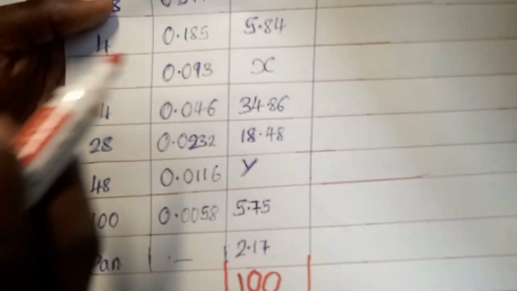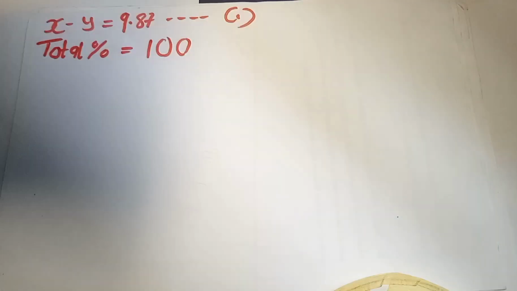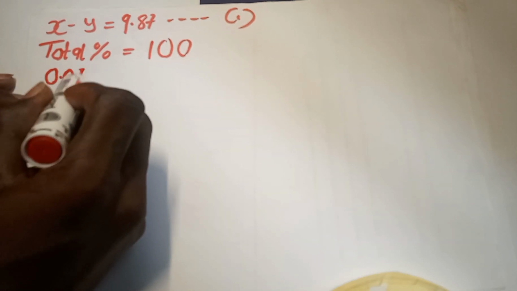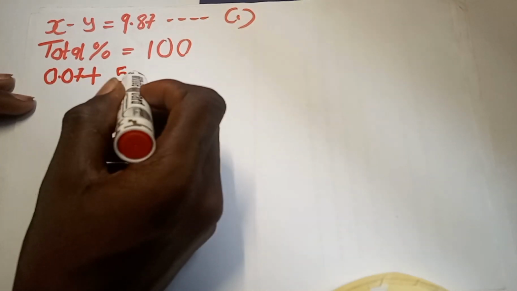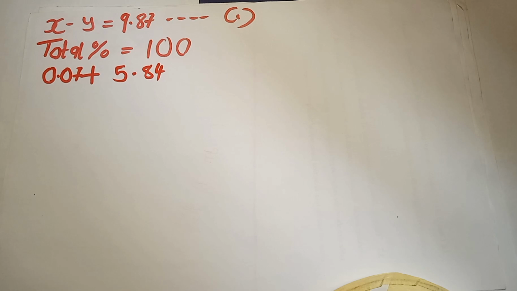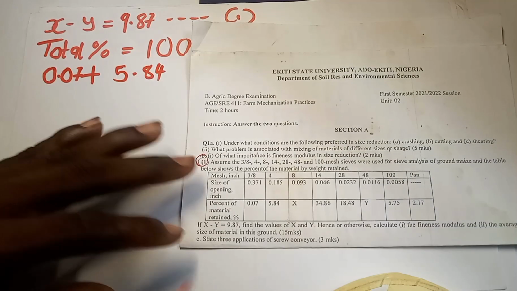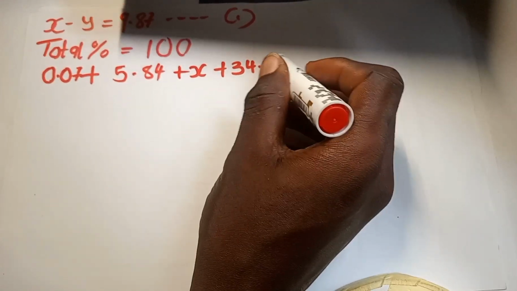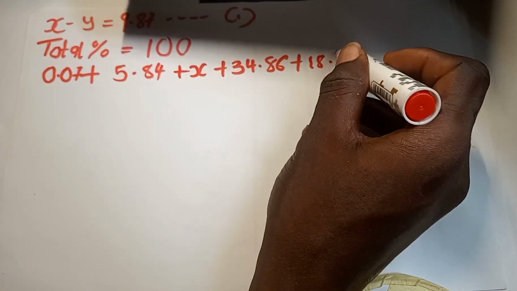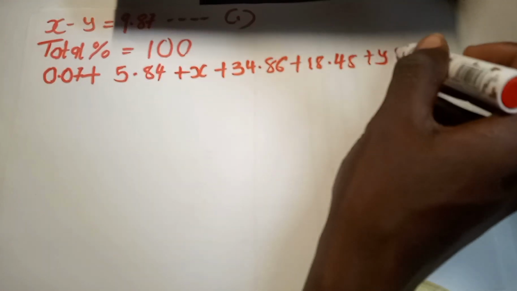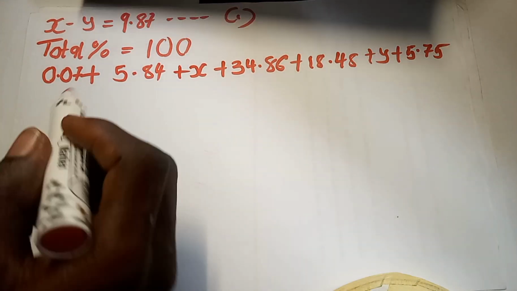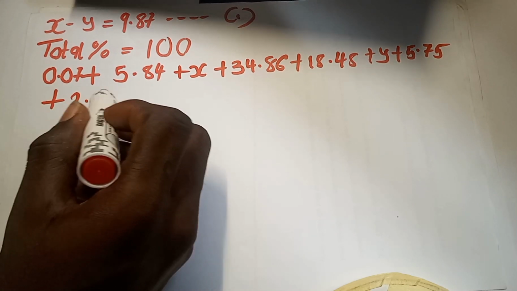So I'm going to be having 0.07 plus 5.84 plus x plus 34.86 plus 18.48 plus y plus 5.75 plus 2.17.